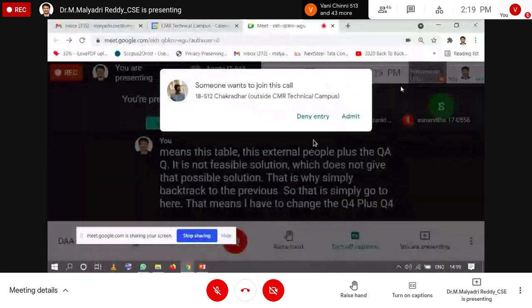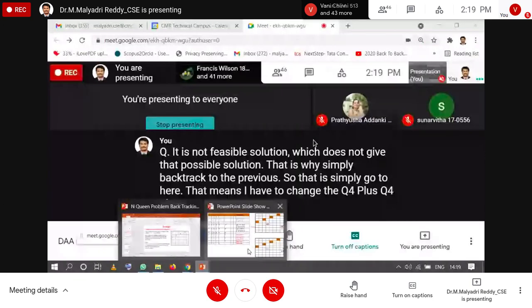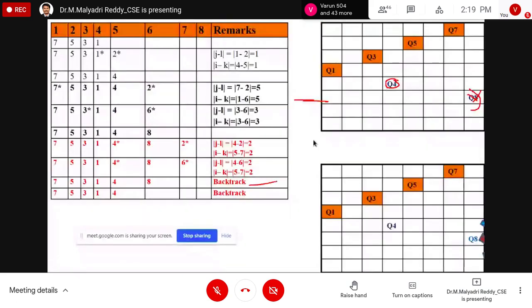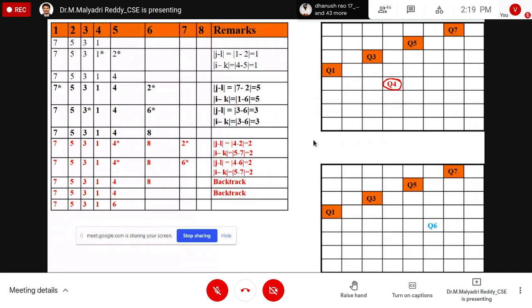So where do I have to change? First I backtrack to here, again backtrack to here, 2 places. Then I stay at Q4. Here the Q4 position is not suitable in this column. So automatically the next feasible solution is this one and this one.